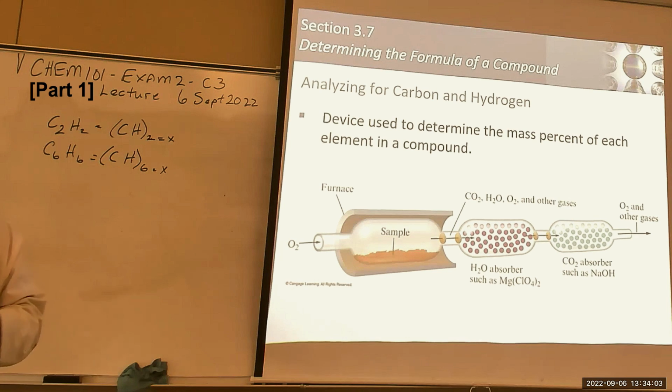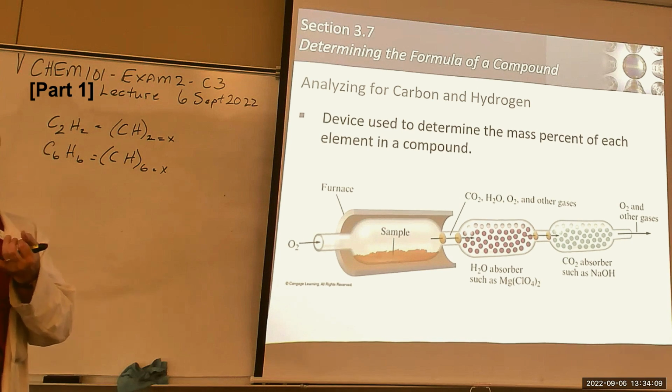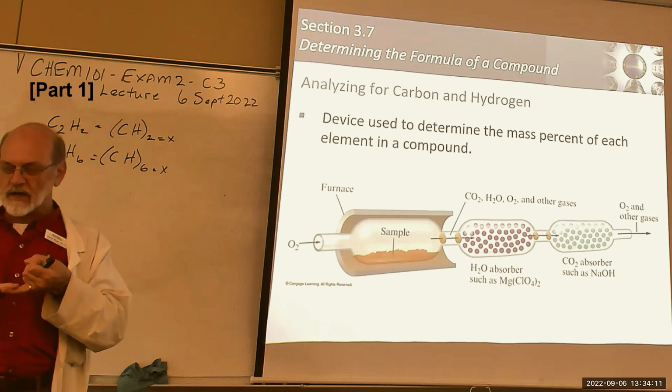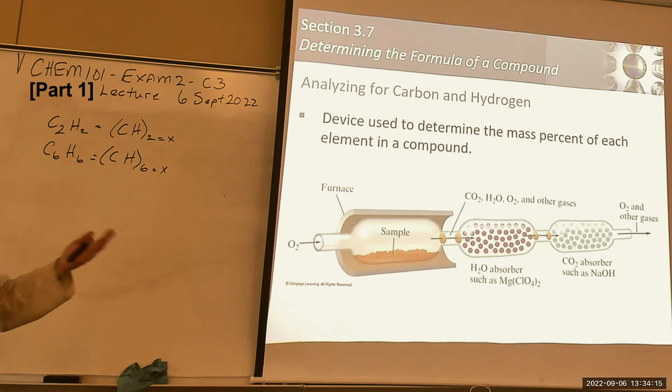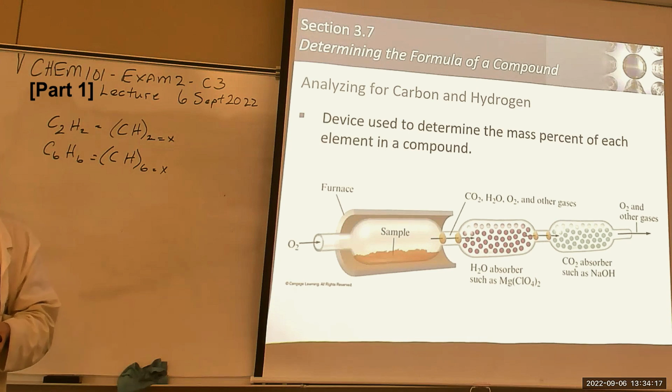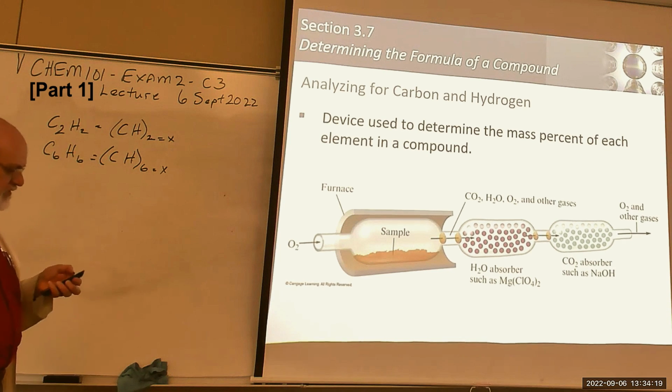We can do the same thing for carbon dioxide. And then if we've done a qualitative analysis beforehand, and we know that sample only has carbon, oxygen, hydrogen, nothing else, then by difference, we can determine what the oxygen is. That's just one example. There are a whole host of different tricks you can use to analyze your samples and determine their composition. This is one example.